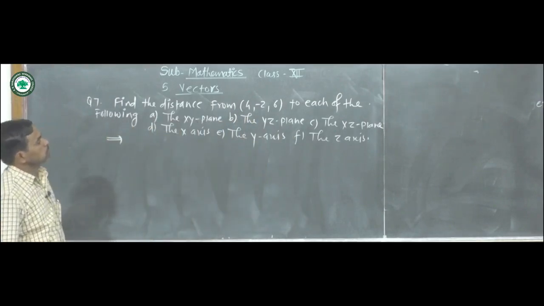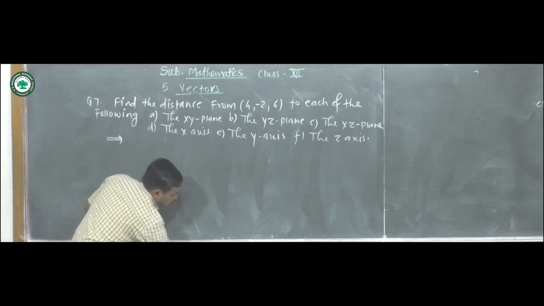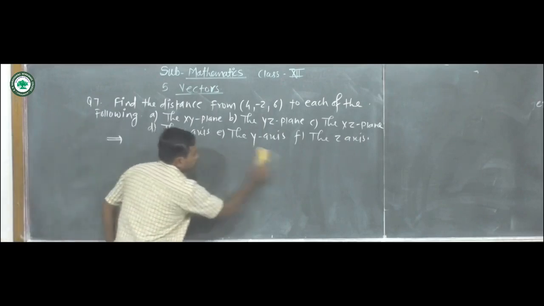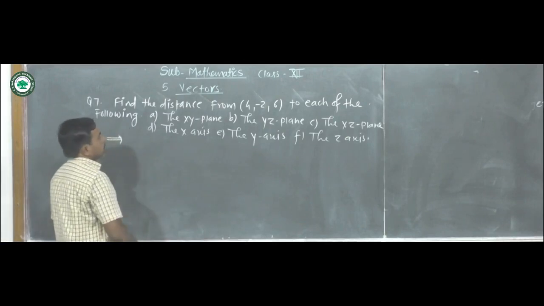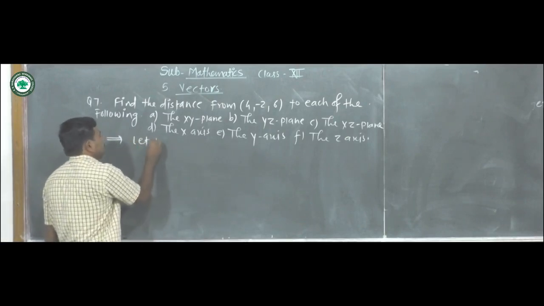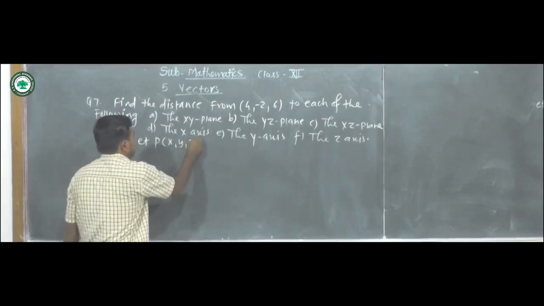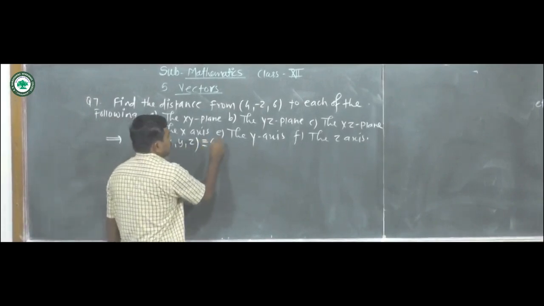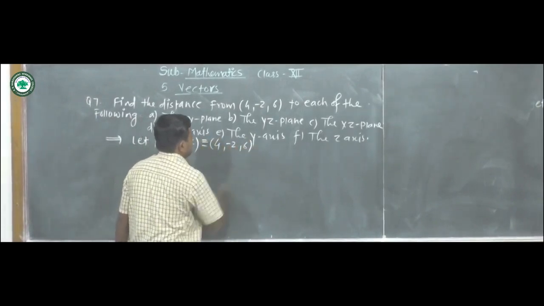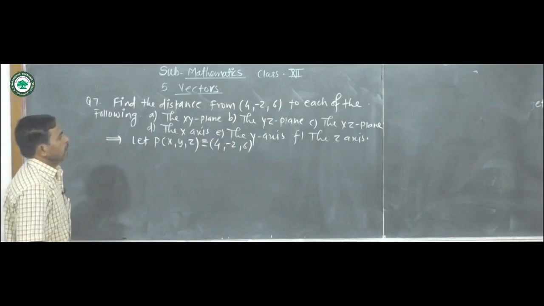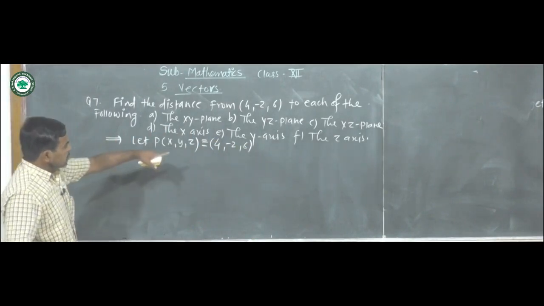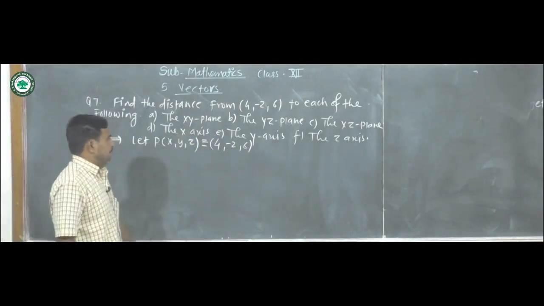Let P be the point X, Y, Z, that point is here 4, minus 2, 6. Okay, now the distance of this point from XY plane.